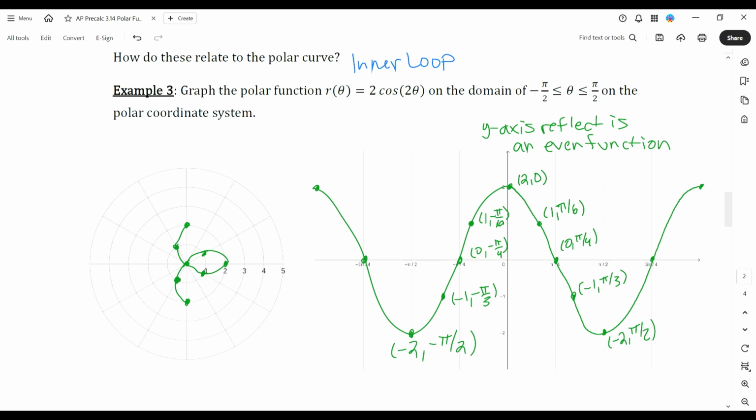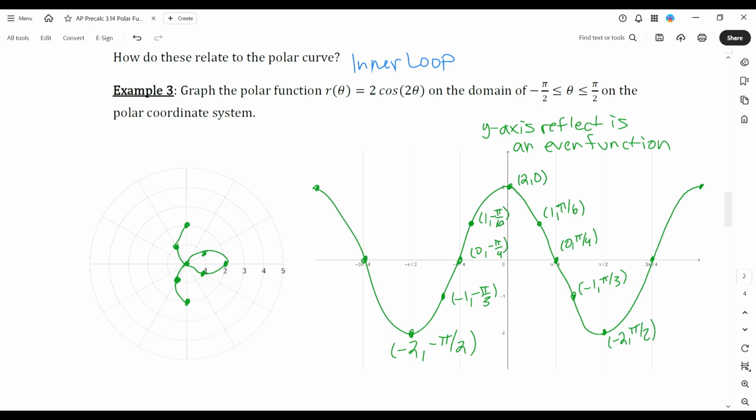Here is something neat. I'm going to use the blue here for a second. If we did from pi over 2 to pi, and then the next piece, here's what the rest of the graph would look like if we graphed the whole picture.